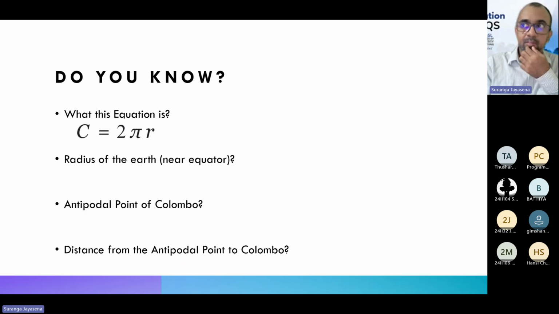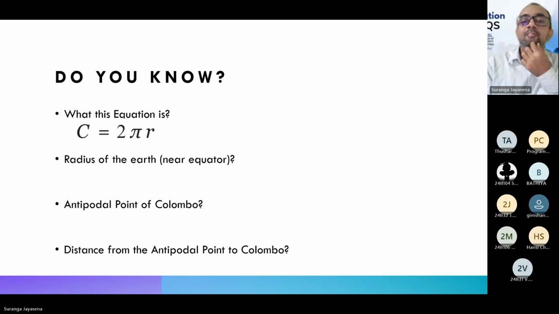The equation. What is this equation? But not in Tamil. How many of you can remember this equation?